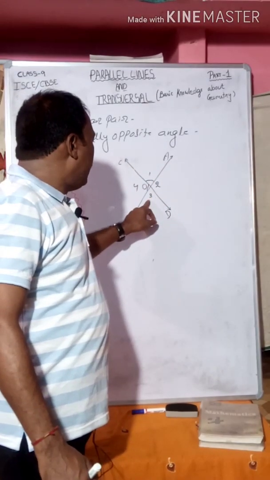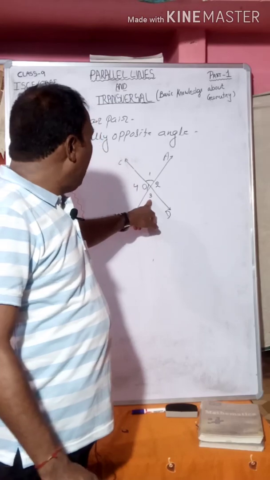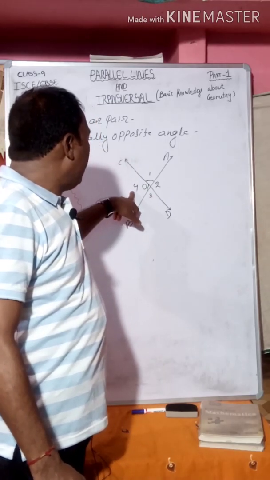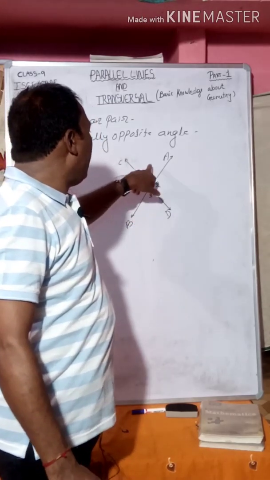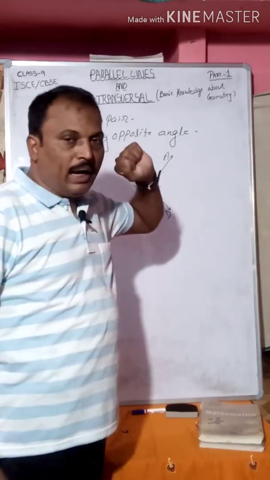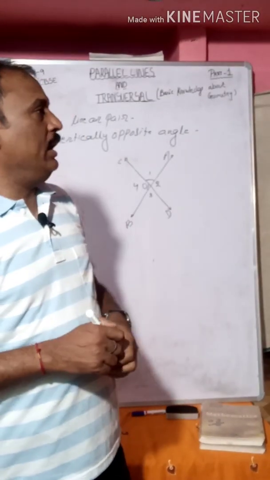Likewise 2 plus 3 is 180 degrees, they are a linear pair. 3 plus 4 is 180 degrees, a linear pair. 4 plus angle 1 is also 180 degrees, a linear pair.